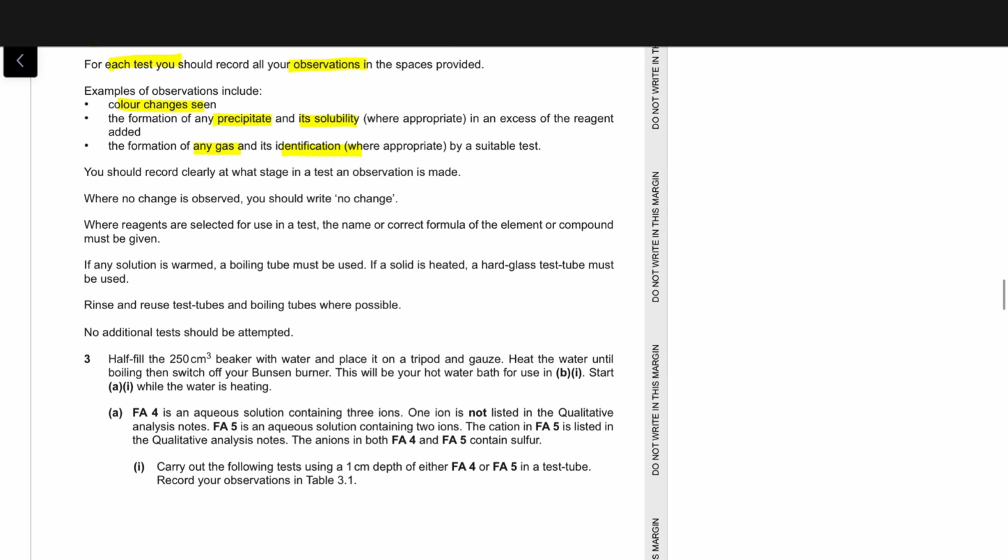You should clearly record at which stage an observation is made in a test. And if there isn't one, you should just write no change. You could provide alternatives like it remains the same, but just go with no change because it makes life a lot easier.